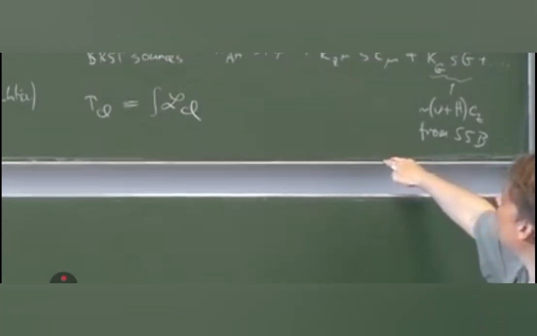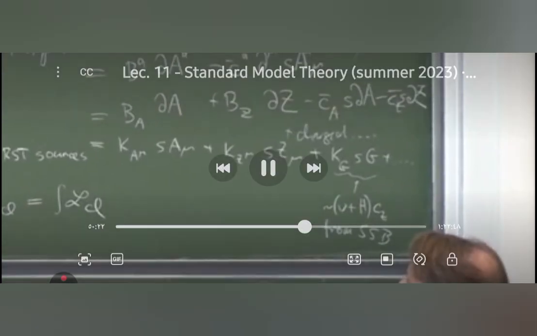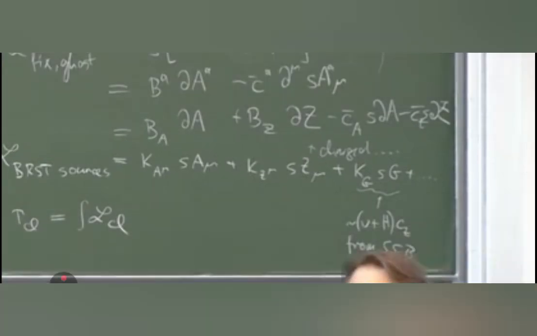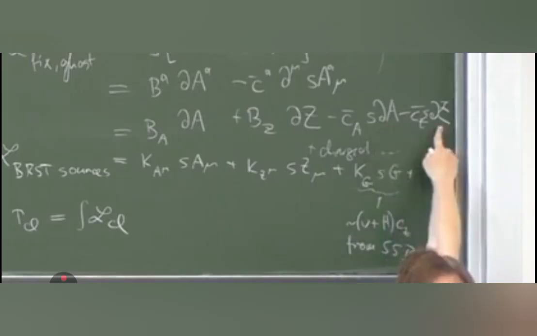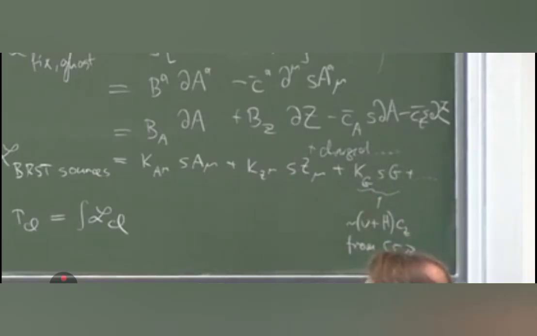Where are such terms? Or where are linear terms, by the way? Where are linear terms and where are non-linear terms? So here there appears, for example, the ghost. Here the ghost appears. Here everywhere there are ghosts.